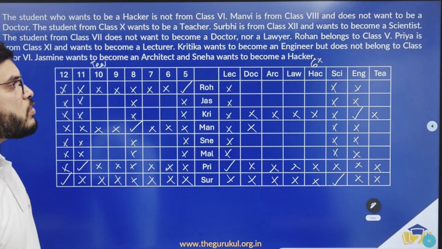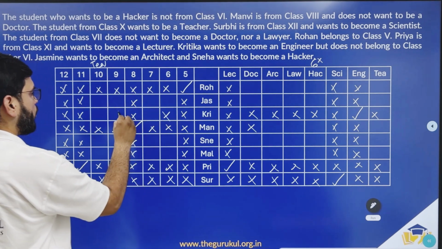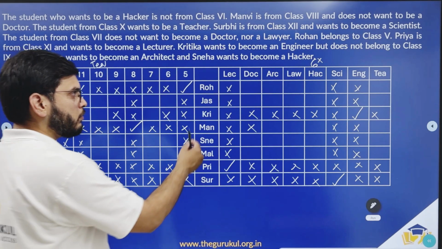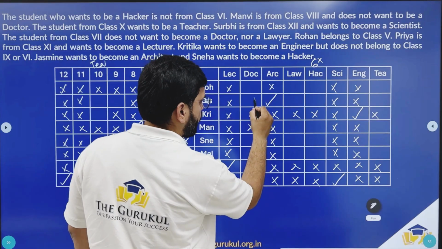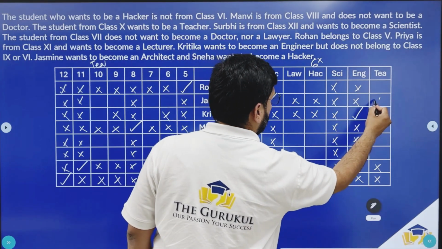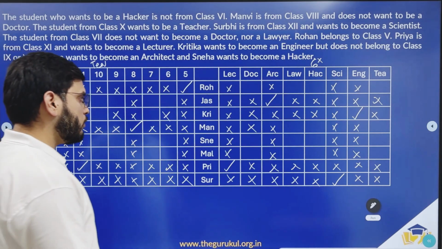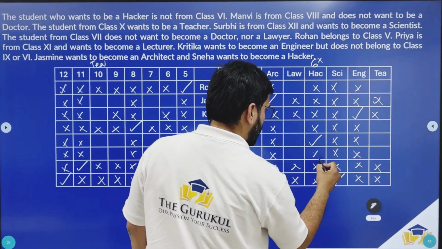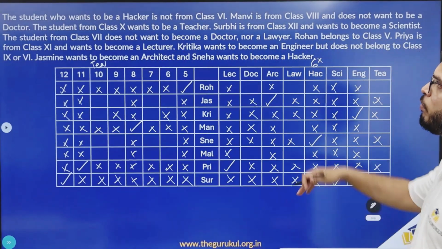Done. But does not belong to class 9 or 6. Jasmine wants to become an architect. And Sneha wants to become a hacker. Done. So we have inserted the majority of the statements into this table. We have missed out a few.